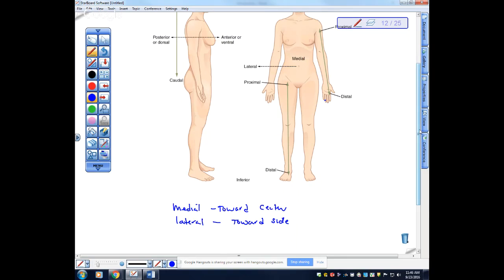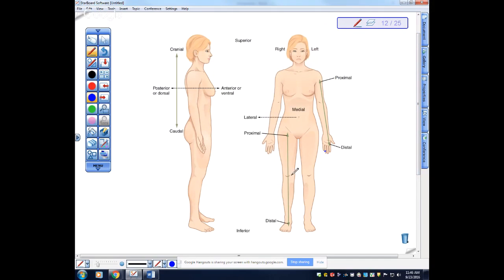So notice when this person is standing, this is what is referred to as anatomical position. So we would say that the thumb is lateral compared to the pinky, and the pinky is medial. The reason why we have our palms facing out like this is the orientation of the two forearm bones, the radius and the ulna.